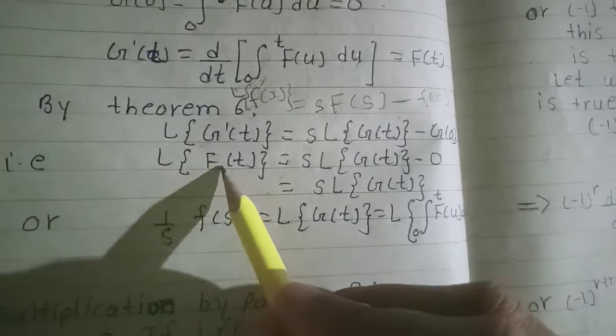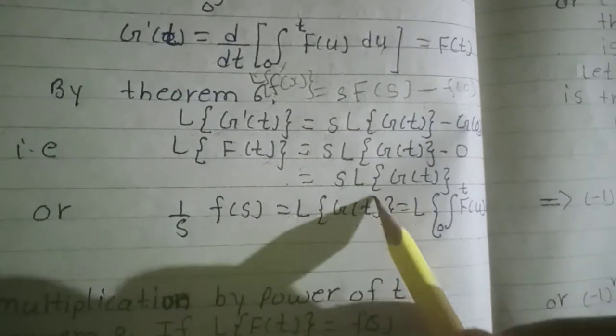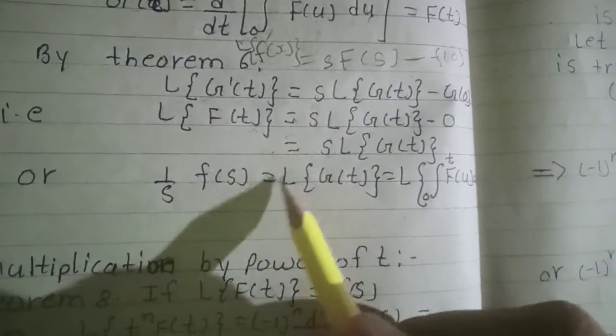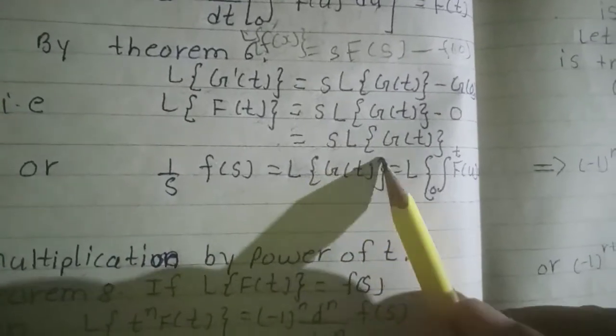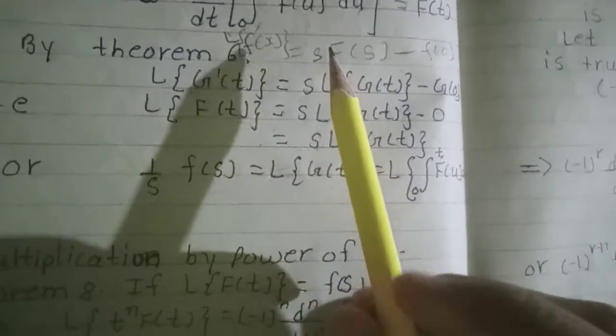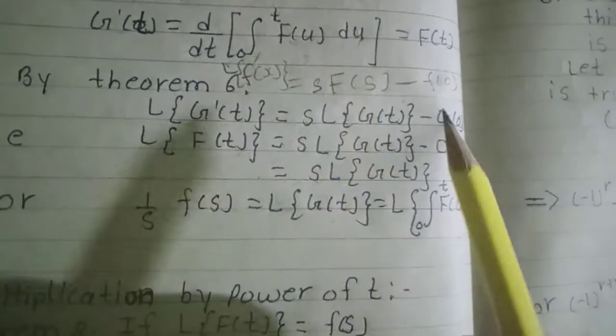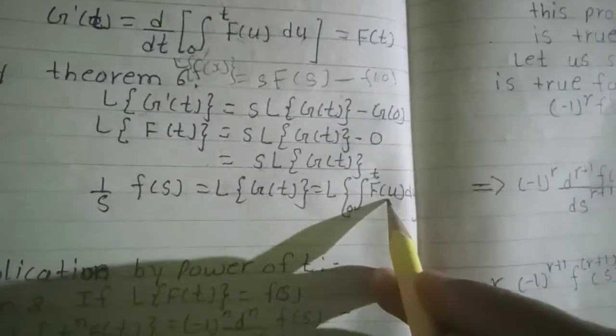So the Laplace transform of f of t is equal to s times the Laplace transform of g of t. So f of s is equal to s times the Laplace transform of g of t, where g of t is the integration from 0 to t of f of u du.